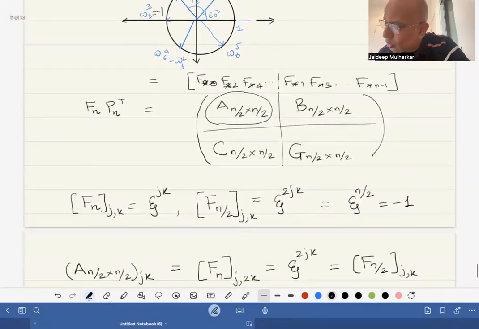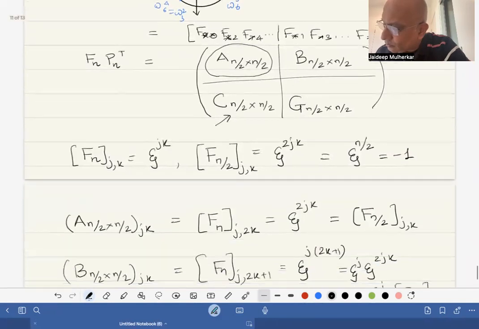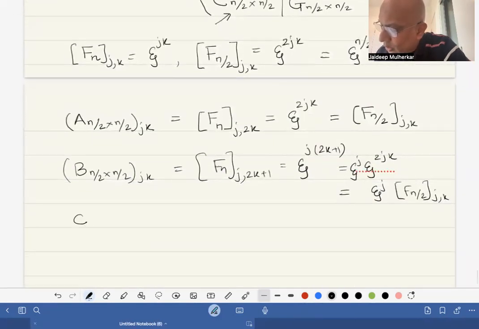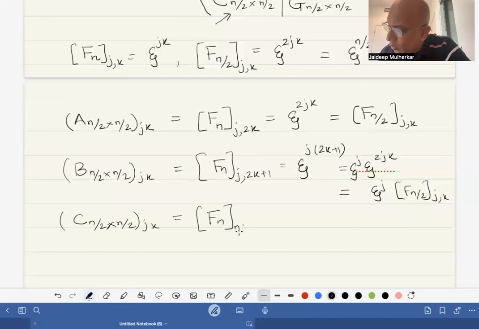Now let's go to this matrix C, n over 2 cross n over 2. The jkth element of this matrix will be Fn, but now this will be n over 2 plus j comma 2k, right? Because we are going from the n over 2 plus 1th column to the nth column.